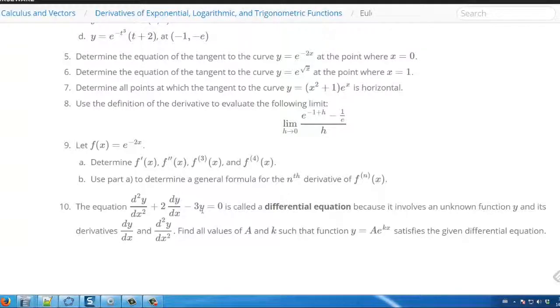Substitute the actual function for y. And then when you're all done, you're going to be able to factor it, and you're going to be able to solve for k and a. Now, the one I'm going to give you is a little bit easier than that, but all you have to do is basically hang tight, take the derivatives, and then substitute.